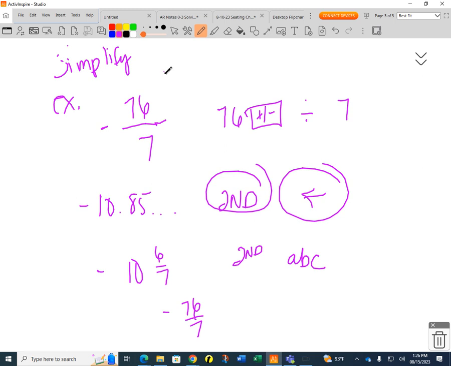So all the stuff that has been hard and time consuming to do, simplifying big numbers with big numerators or big denominators, now we know how to use our calculator to do that. So if they were to give us this negative 76 sevenths and ask us to simplify, we could say it's already simplified now, right?